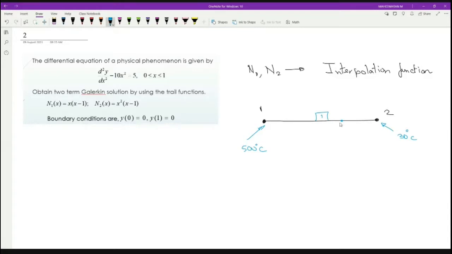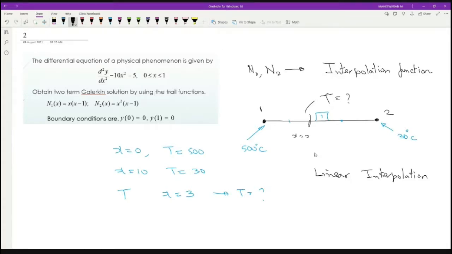So if I want to identify the temperature at midpoints or some intermediate points of that particular element, in order to achieve that, we use interpolation functions. We call this linear interpolation.